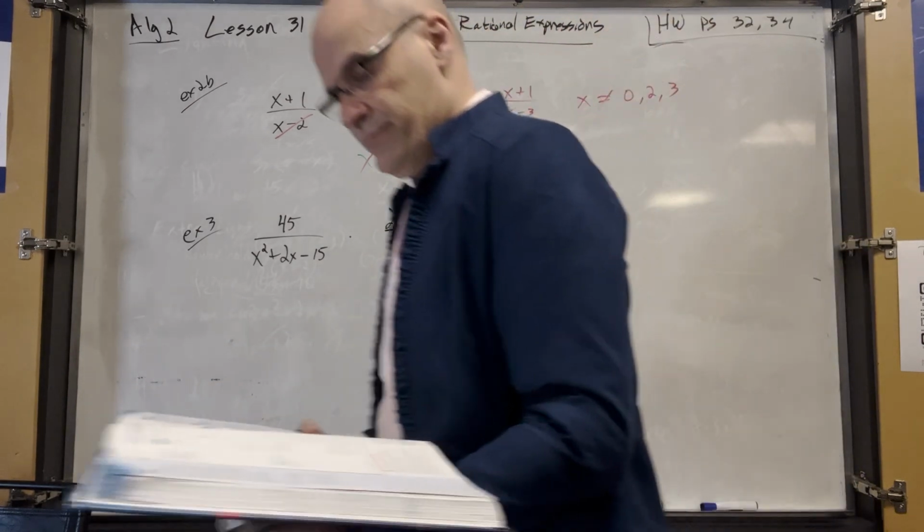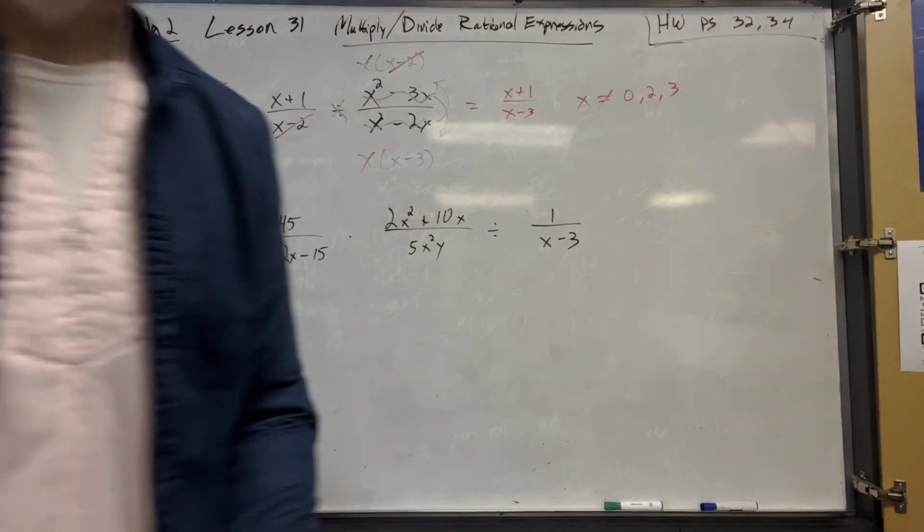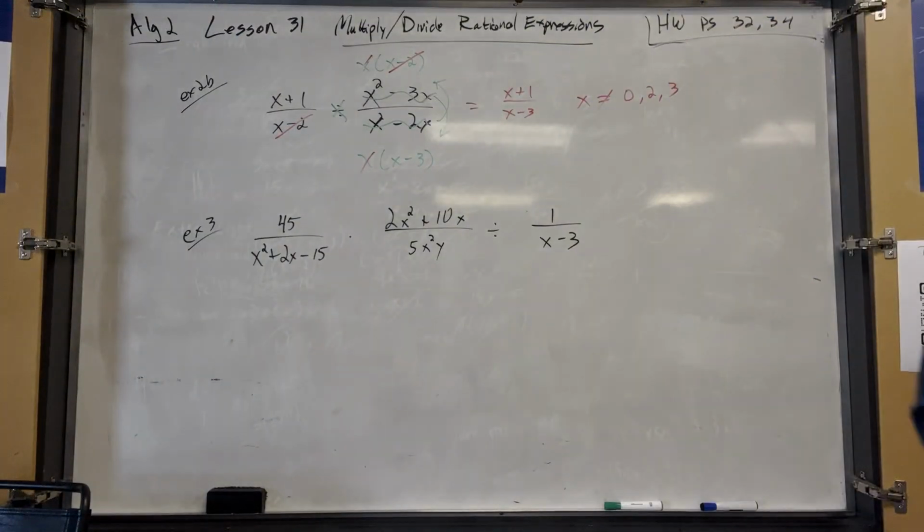Ready, go. I got it. Is the answer 5x cubed or 5x squared in the second one? Everything's squared, there's no cubes. Yeah, 5x squared y.